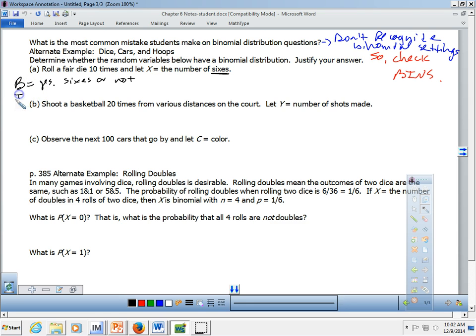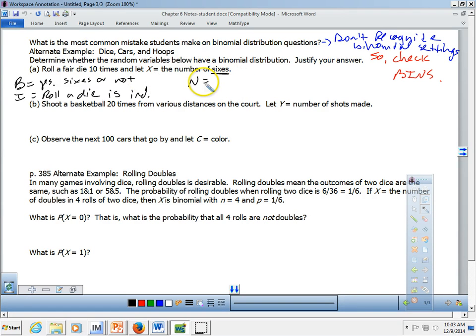Okay? Is each trial independent? Well, we're rolling a die. Does the roll of the second die depend on what the outcome of the first die was? No. So we can say rolling a die is independent. Okay? Is the number of trials set before we get going? Before I even do the random process, are the number of trials set?